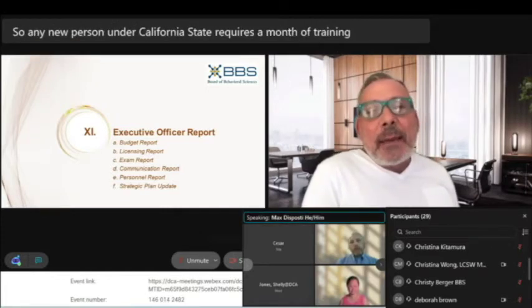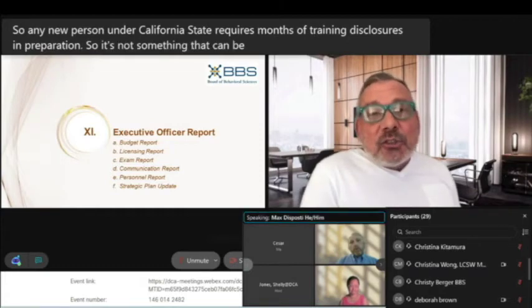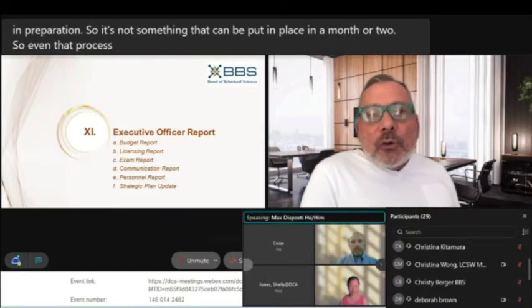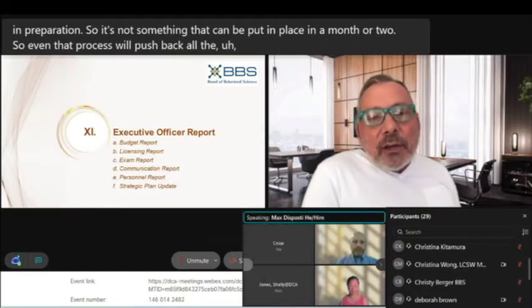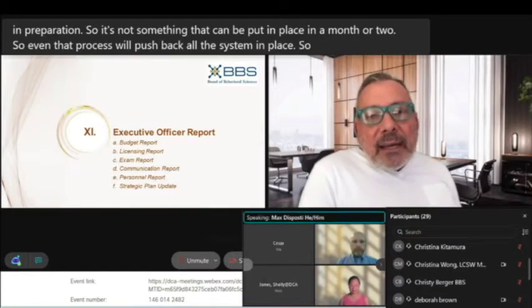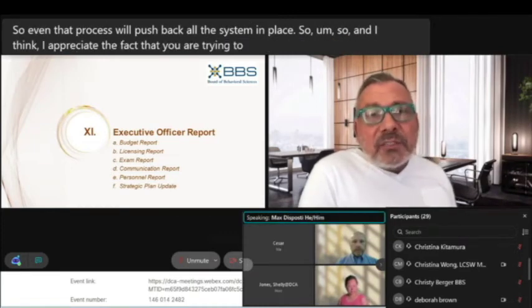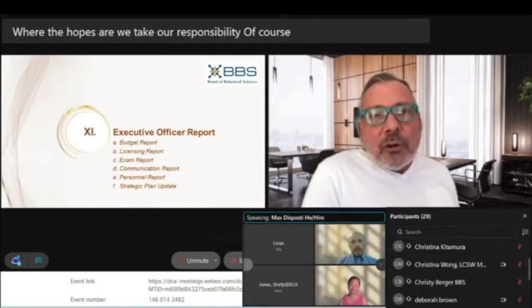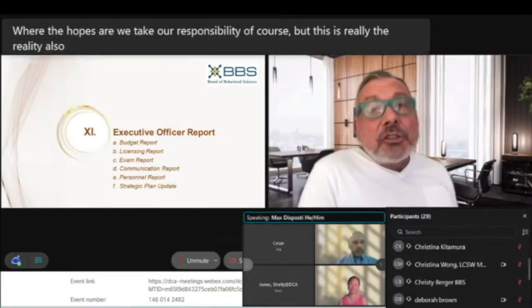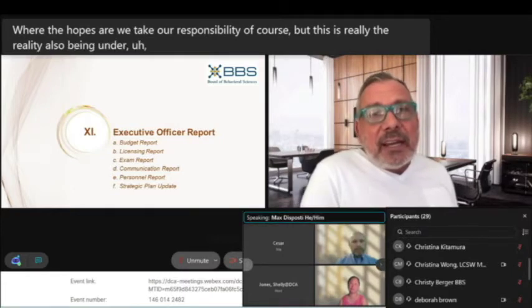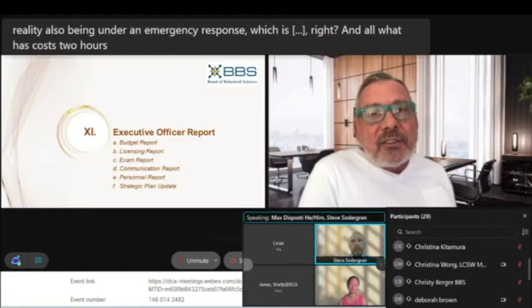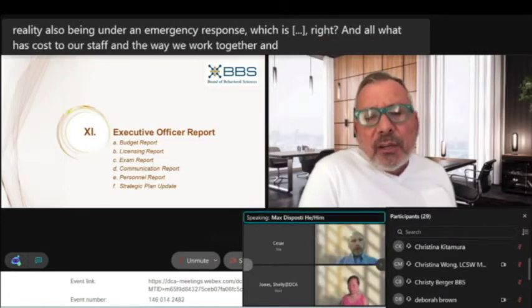So it's not something that can be put in place in a month or two. Even that process will push back the system. I appreciate that you're trying to clarify where the hoops are. We take our responsibility, of course, but this is really the reality of being under an emergency response, which is COVID, and all that it has caused to our staff and the way we work together. So thank you, Steph, for that.